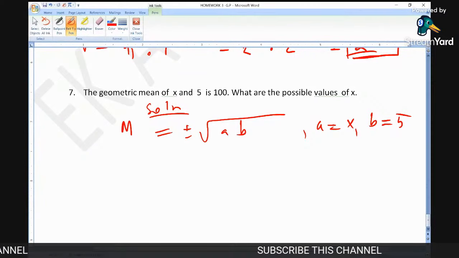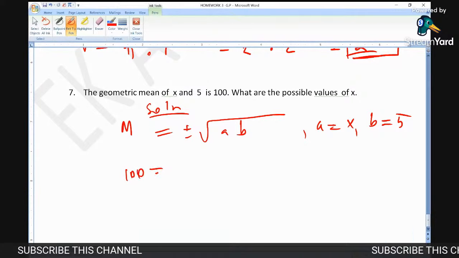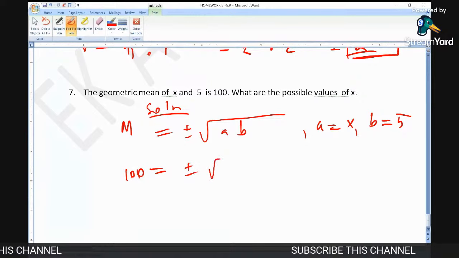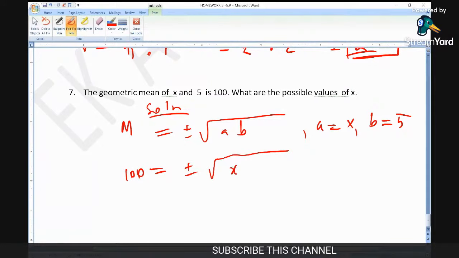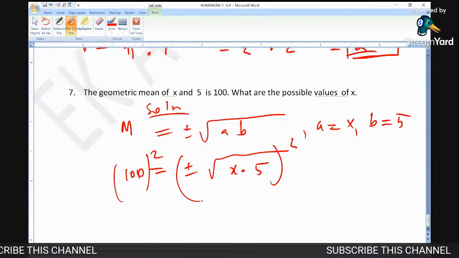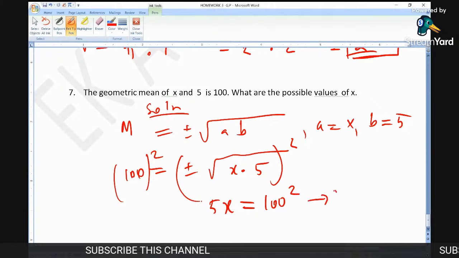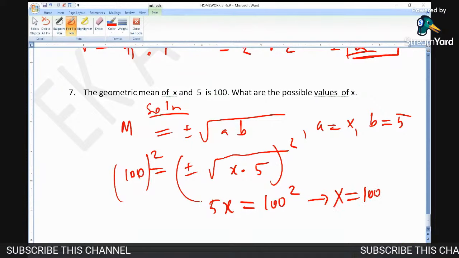So I'm going to say that m, which is 100, equals plus or minus the square root of x times 5. So you square both sides, of course. You're going to get 5x equals 100 square, meaning that x equals 100 square divided by 5.